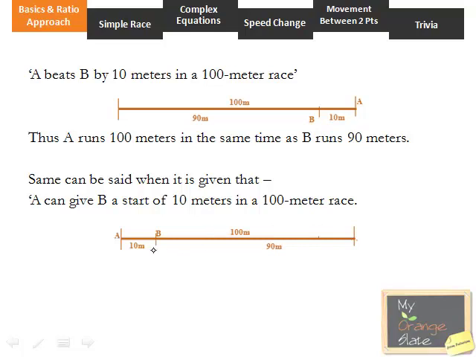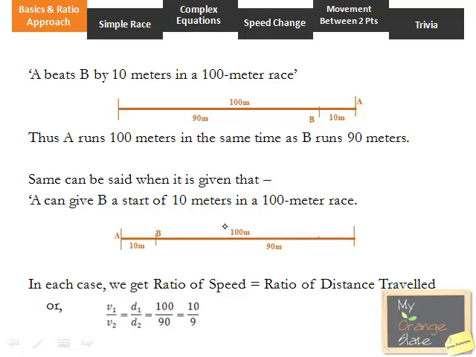Thus once again, B covers 90 meters in the time that A takes to complete 100 meters. And since time is the same in both these cases, the ratio of speed is equal to the ratio of distance travelled, and hence v1 upon v2 is equal to d1 over d2, and that is equal to 10 over 9.